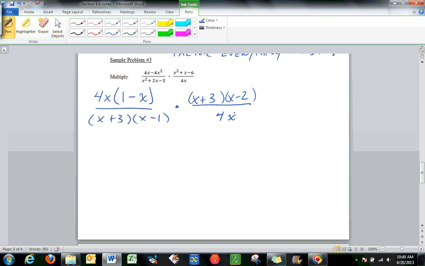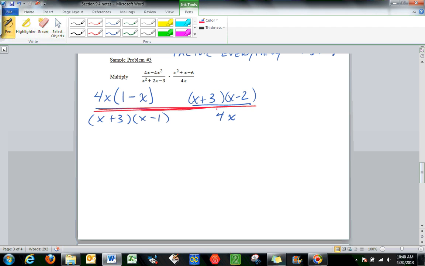Now, technically, when we multiply these two rational expressions together, it's really the same thing. I'm just going to bridge the gap. It's really the same thing as writing them all over the same fraction bar.